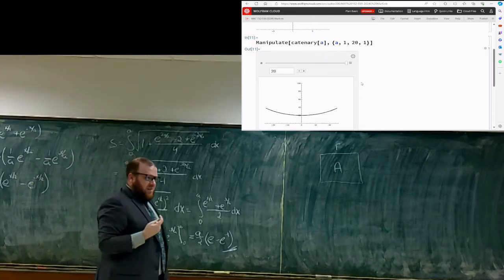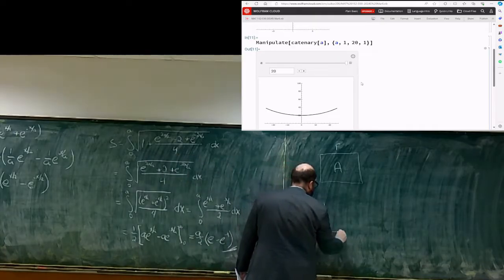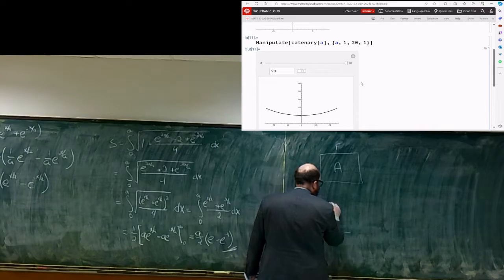Look at a three-dimensional object. Again, I'm going to stick with rectangular because it's easier.